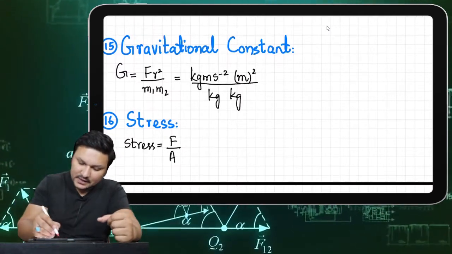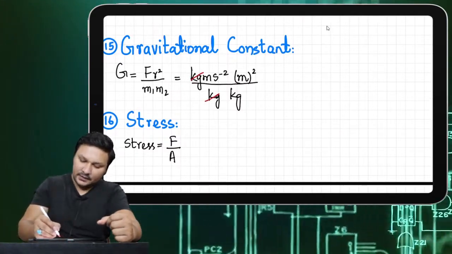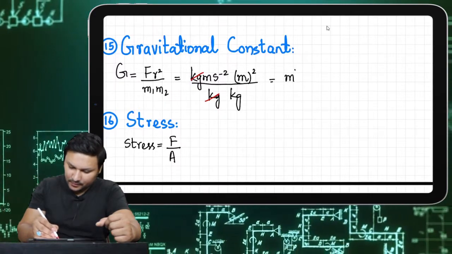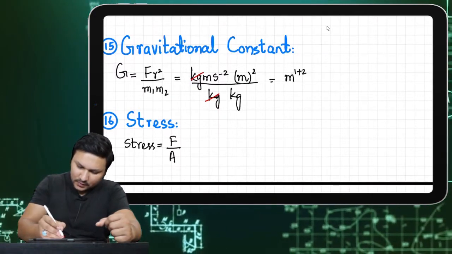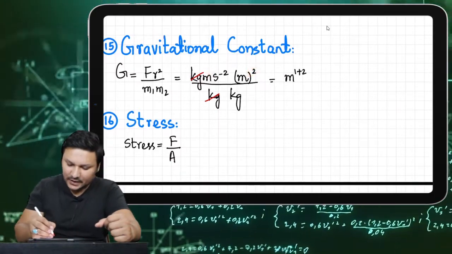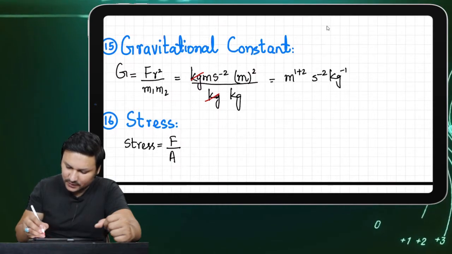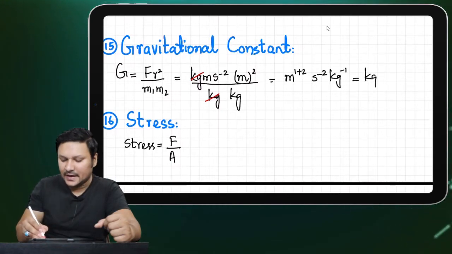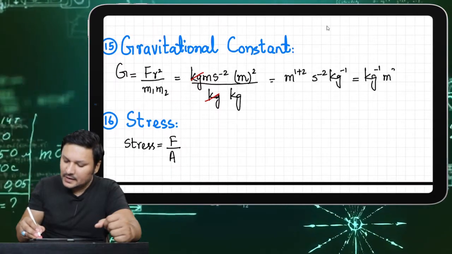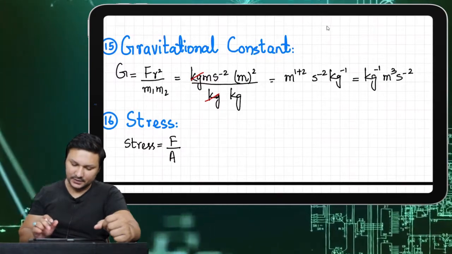Let me just cancel out 1 kilogram and it becomes m. This m and this m becomes m to the power 1 plus 2, that means m cube s minus 2 kg minus 1. So if we write it down in sequence, kg minus 1 m cube s minus 2 is the base unit of gravitational constant.